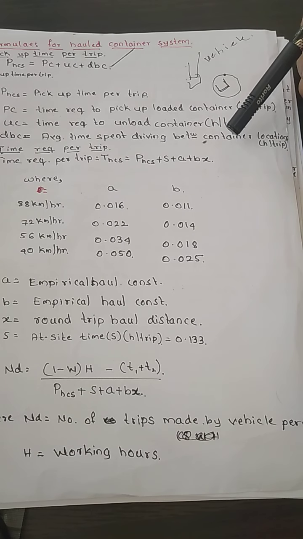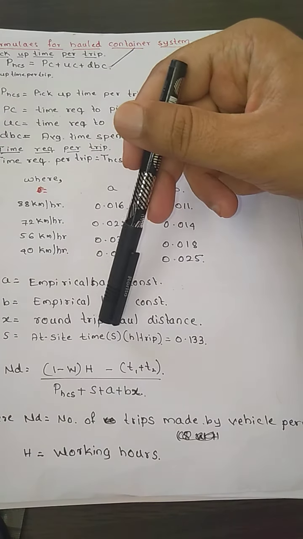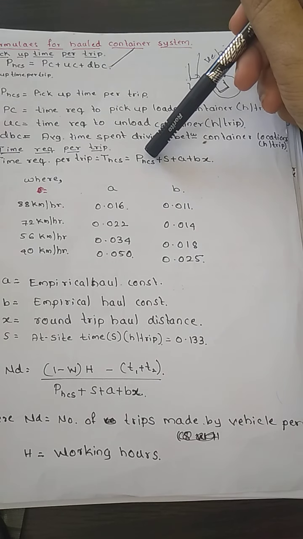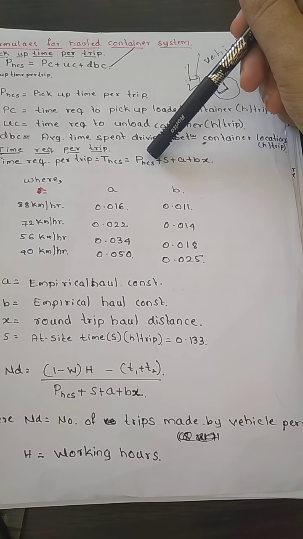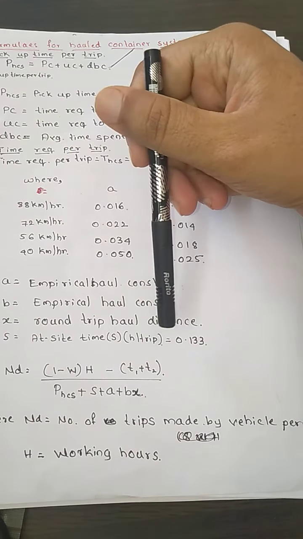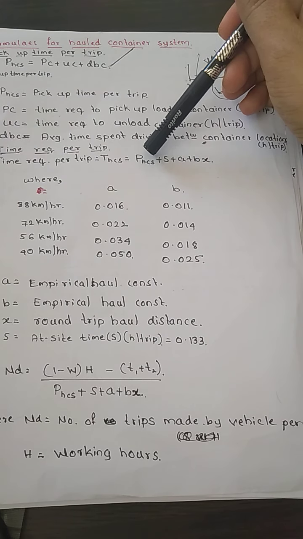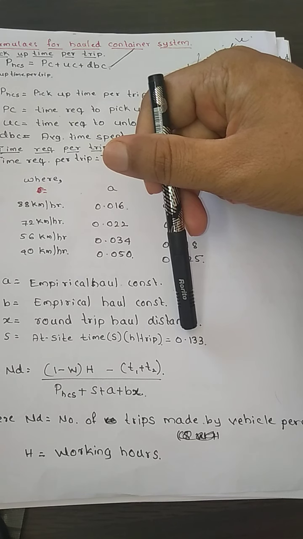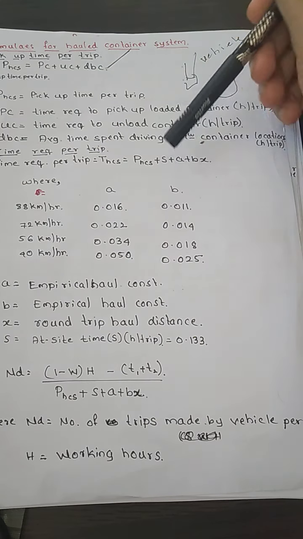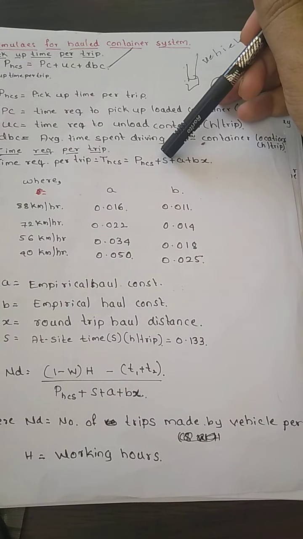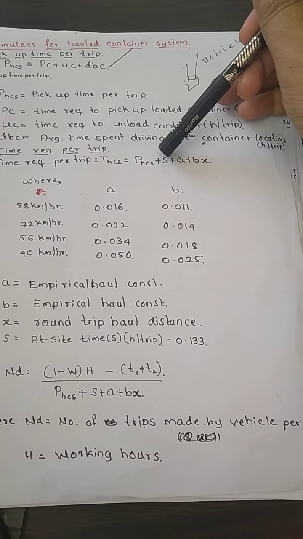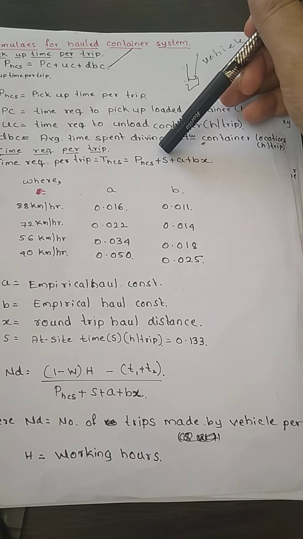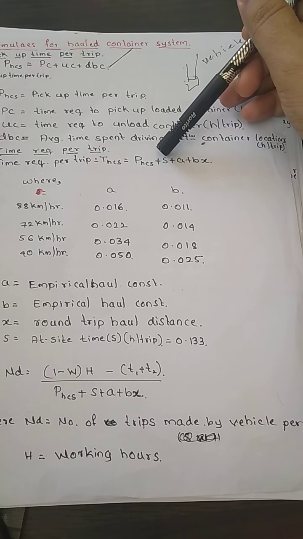S is the at-site time per trip. PHCS is the pickup time per trip, which we already know. The value of S is normally 0.133 for a system. The S value we get from a tabular column.